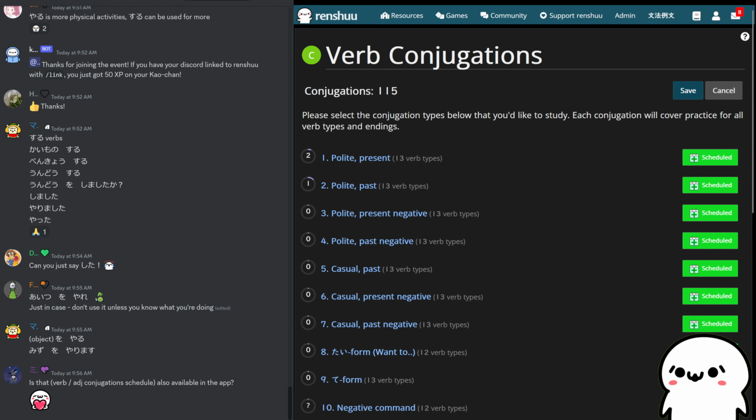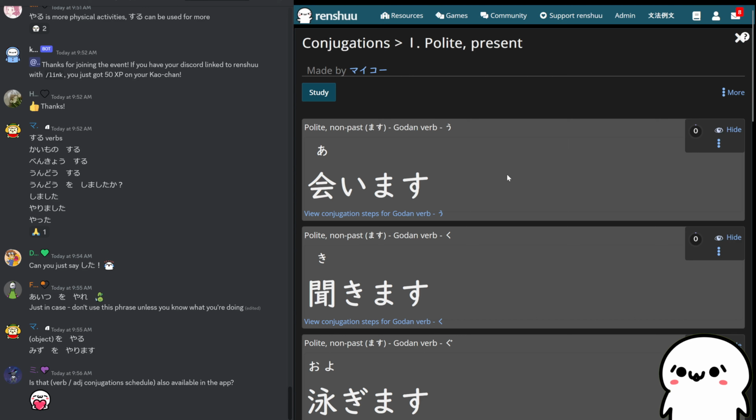And yeah, it's not only nice if you've used the verb conjugation stuff in the past, it's even better than it used to be because all of the mastery levels are separated by the verb type. So for example, if for whatever reason you just can't get the ku verbs, the verbs ending in ku, they'll come up more often.